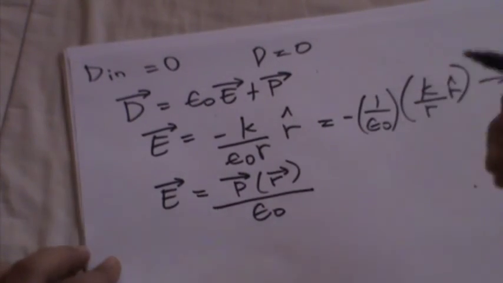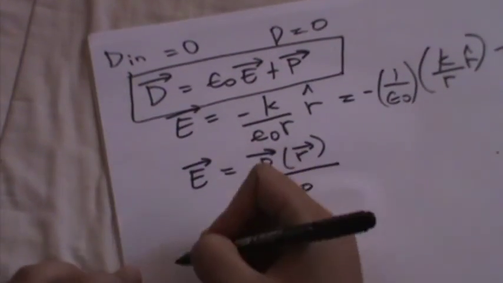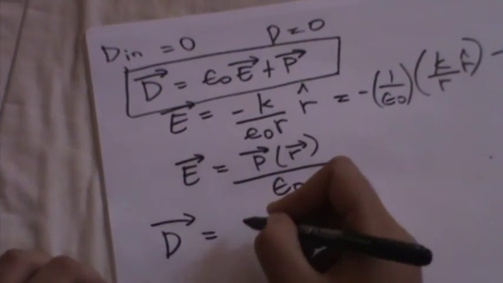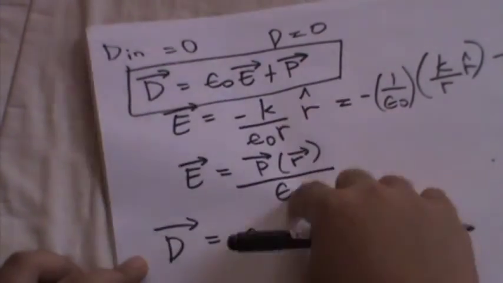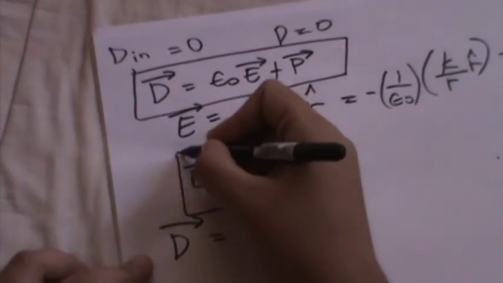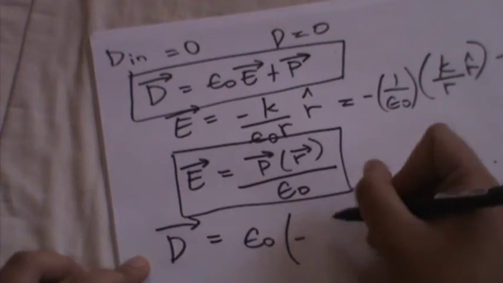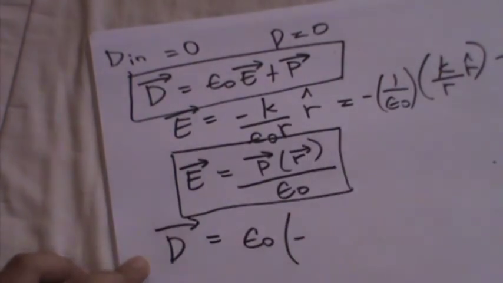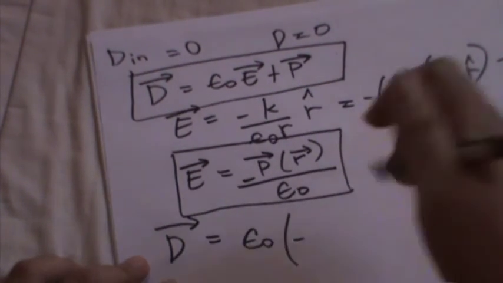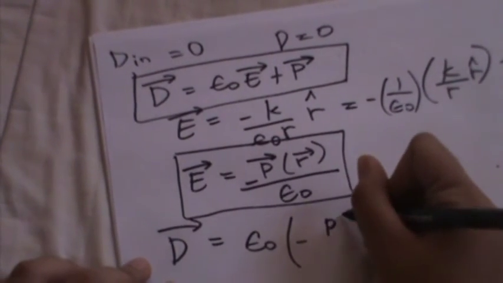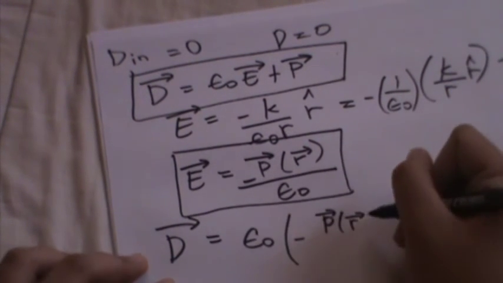Now let's substitute everything using this equation. So we have D is equal to epsilon naught times our new electric field. I forgot to put the negative here, so we put negative P here.